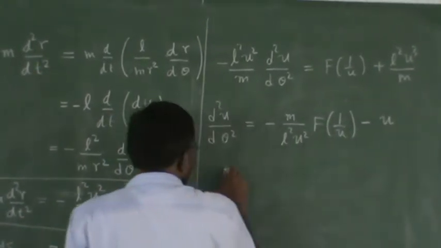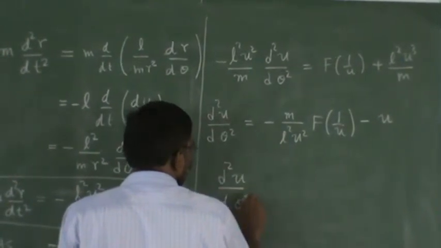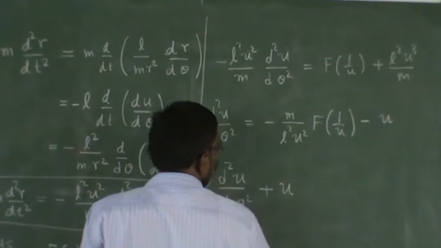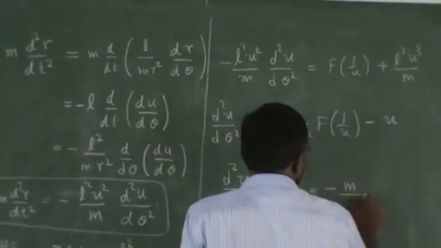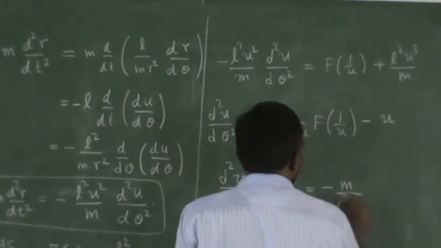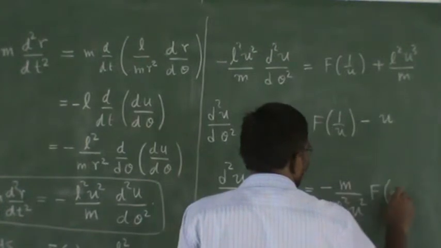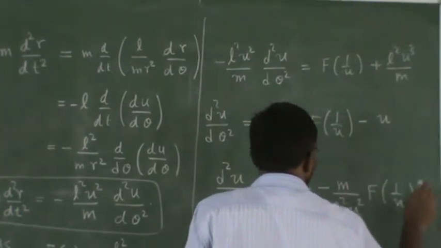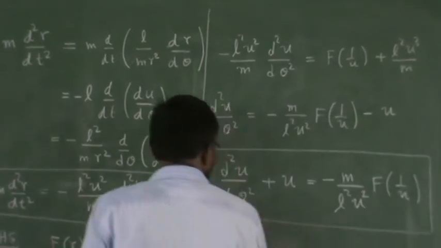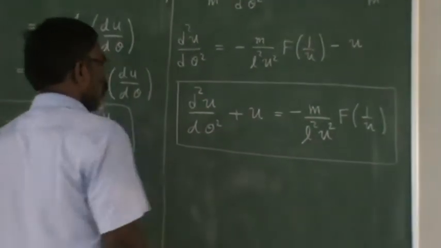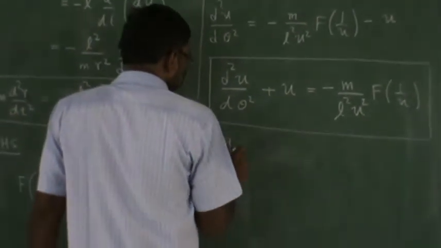In other words, we have an orbit equation: d square u by d theta square plus u is equal to minus m divided by L square u square f of 1 over u. So this is called the equation of an orbit.